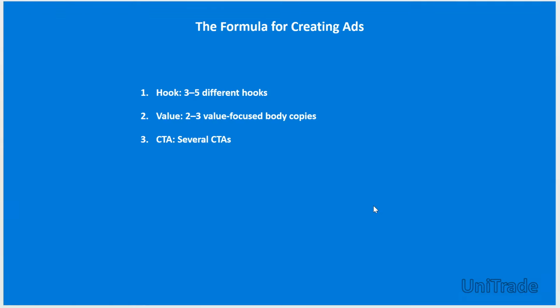To prevent advertisement fatigue and maintain performance, it's recommended to create multiple versions for each element. 3 to 5 different hooks with 2 to 3 value-focused body copies and several call to actions.